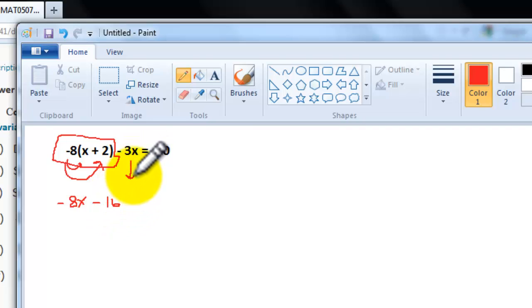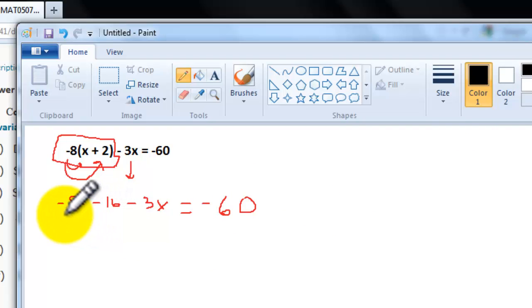This -3x stays in the equation, doesn't go anywhere. And neither does the -60. And write it all out, because it's easier to follow your own steps. Okay, so what we have here is two like terms, and we're going to combine them. We have -8x and -3x. And then we have a -16 right there.